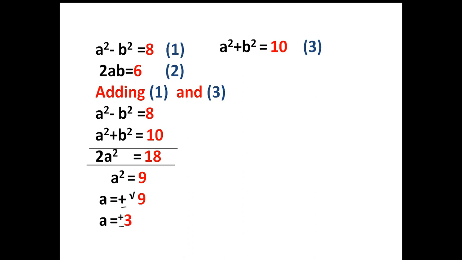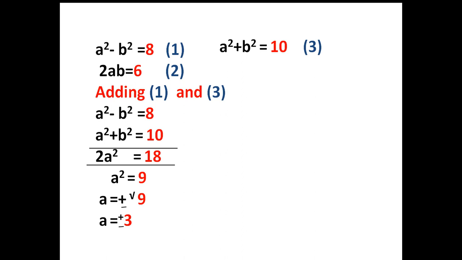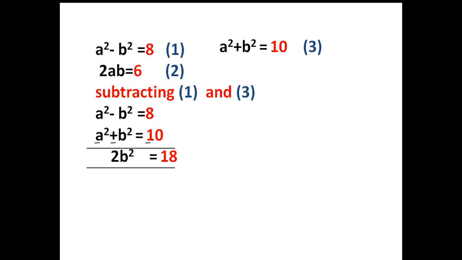The a square terms cancel, and we get minus 2b square equal to minus 2, so the minus signs cancel, 2 cancels, and b square equals 1, so b equals plus minus 1.